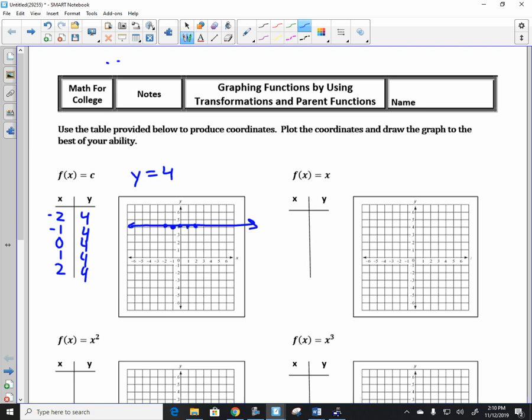Here's another function. F of x equals x, or y is equal to x. It's an example. JJ, what would you like y to be equal to?